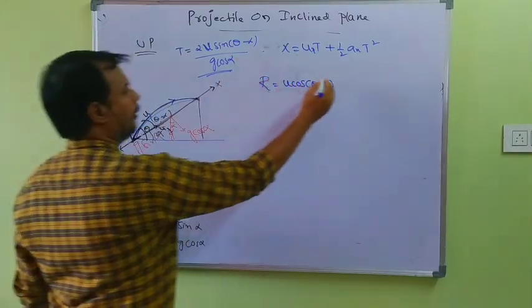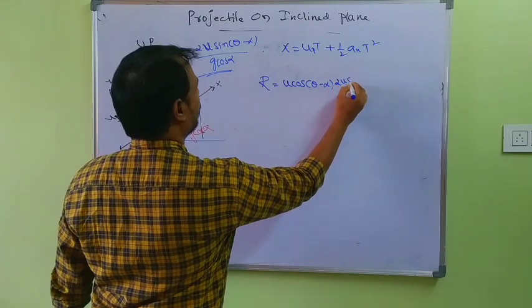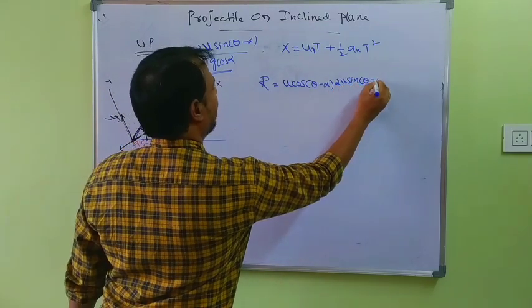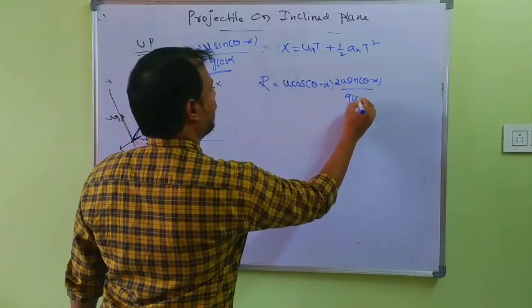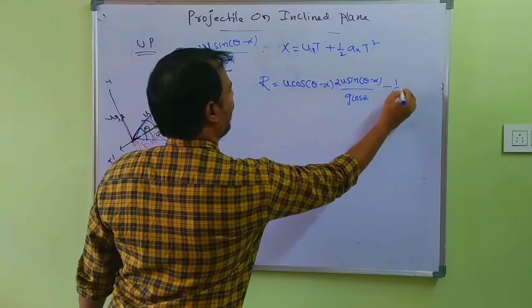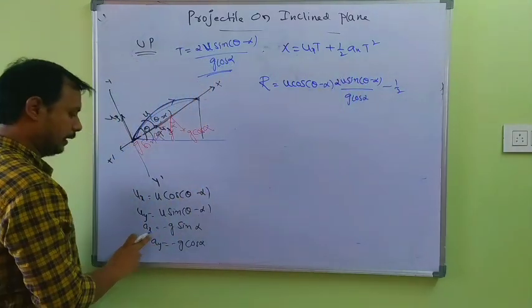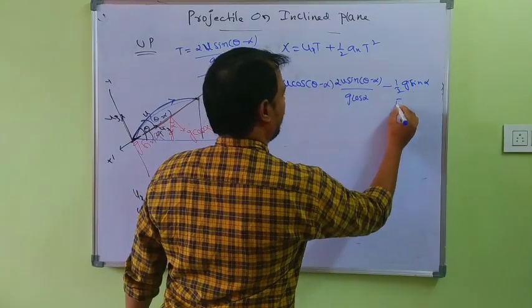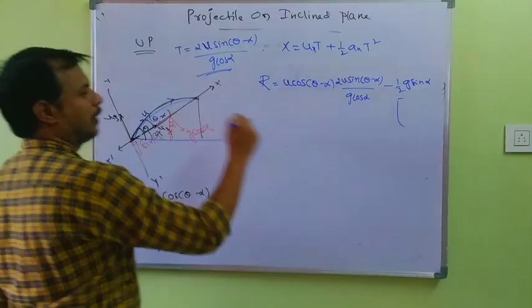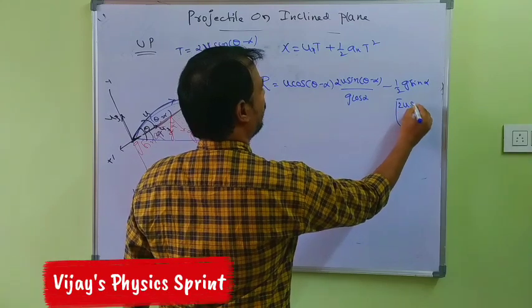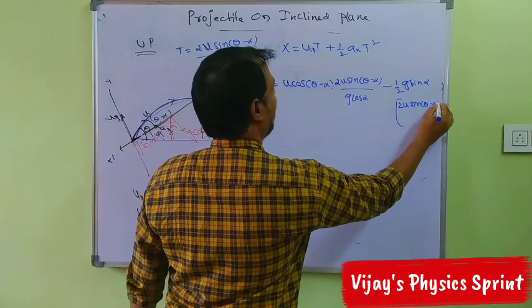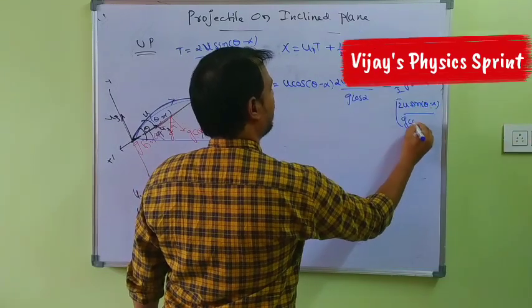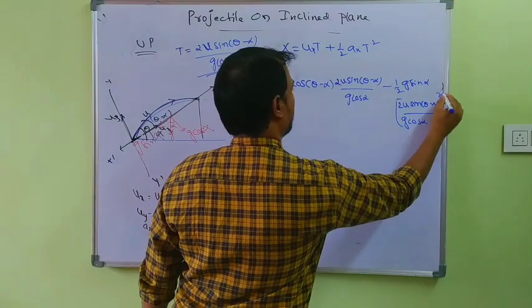t, already calculated, is 2u sin(theta minus alpha) by g cos alpha, plus half ax, that is minus g sin alpha, into t square. t square is nothing but 2u sin(theta minus alpha) by g cos alpha, whole square.